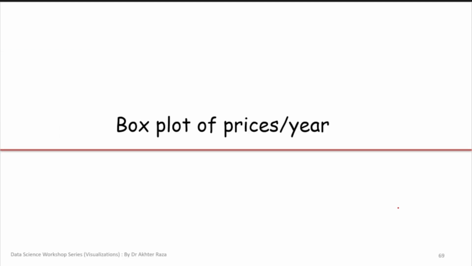Year by year, the prices are increasing, and we want to check at what rate the price is increasing. So these different box plots will give us a clear-cut idea about the increase in price per year.